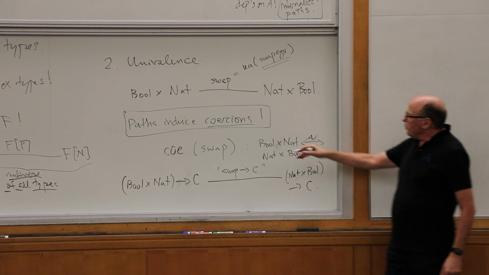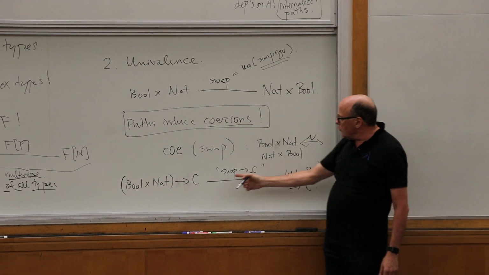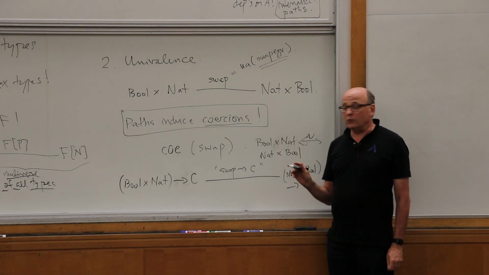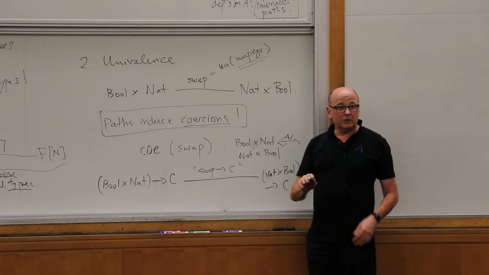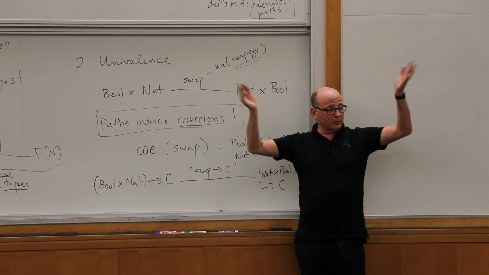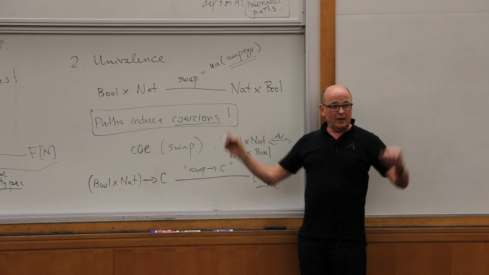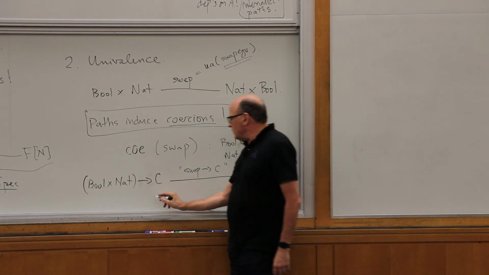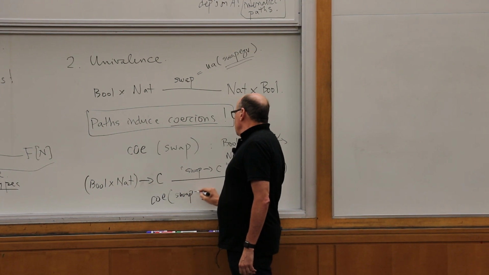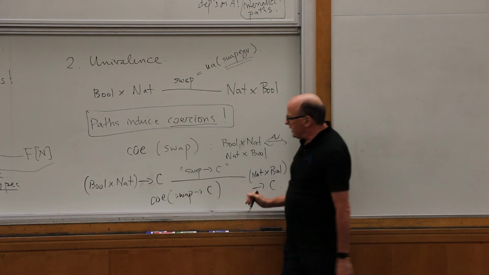So the point is that just as I can form nat arrow C, I can form swap arrow C. I can form swap arrow swap if I want, because these are types. If swap is a type, of course, I can talk about swap arrow C. And then there will be a question of what is coercion when you want to look at swap arrow C. Well, what does it have to be?